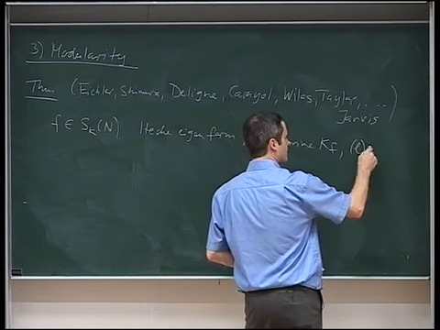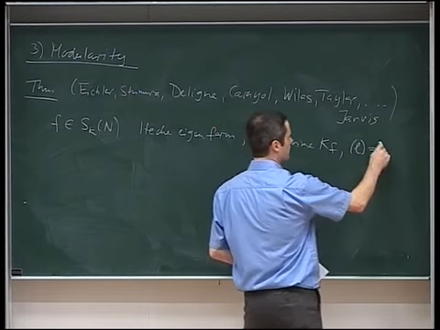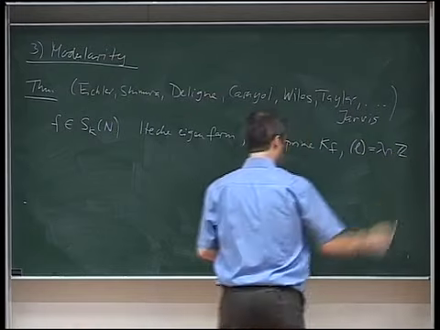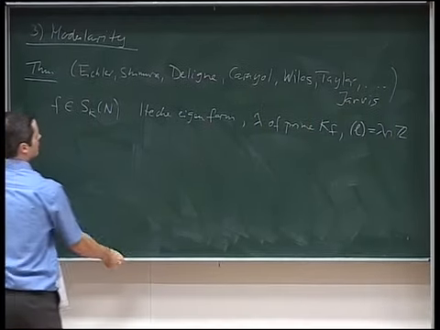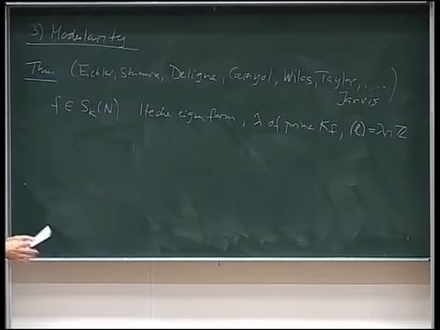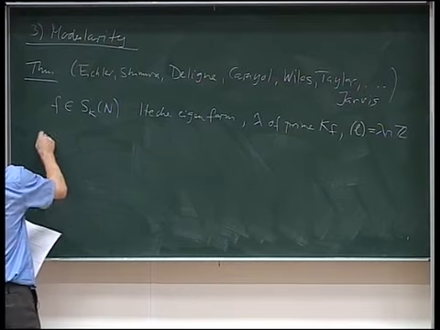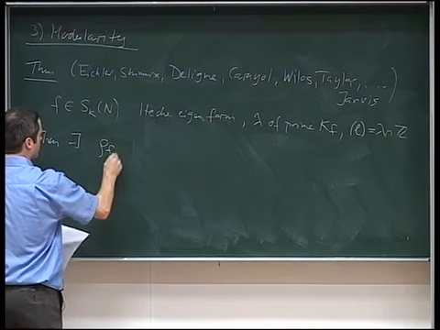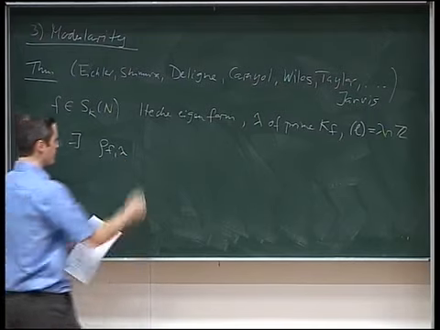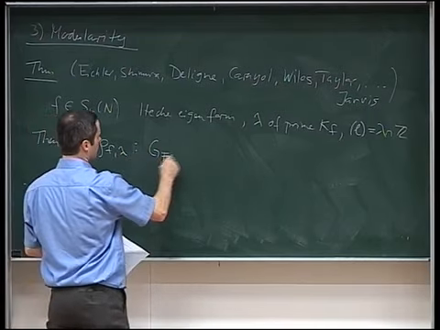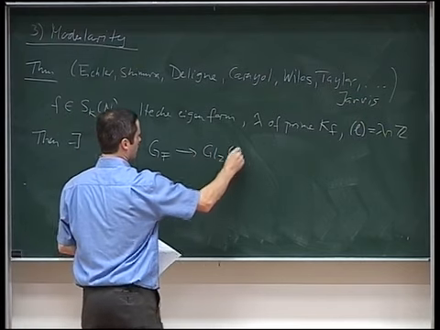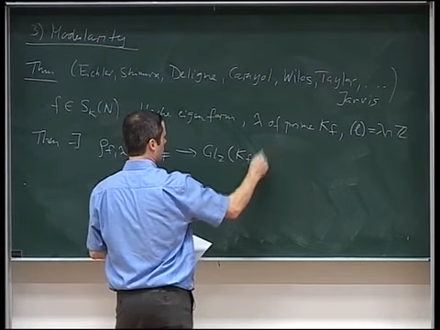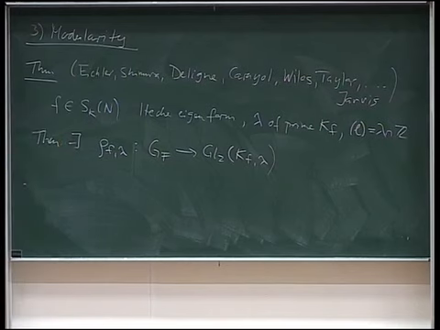Let's denote the underlying rational prime by L. So I can associate to the Hecke eigenform an L-adic representation, and I'll denote it by rho f lambda. It is a two-dimensional L-adic representation taking values, in fact, in this finite extension.